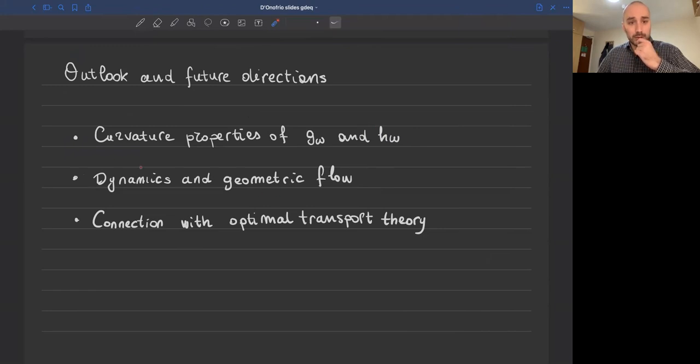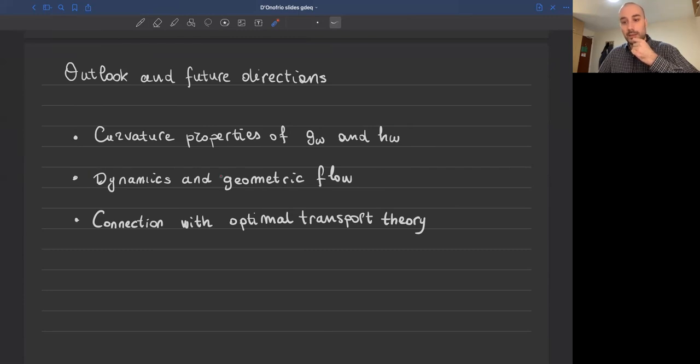There is another important point. In order to answer questions like, what does curvature represent in physical terms in this context, has it some physical properties? And the second question is, does dynamics induce a geometric flow on G omega or H omega?